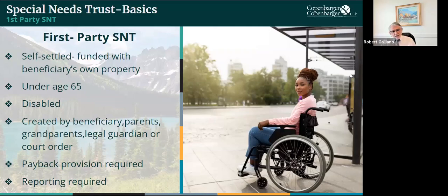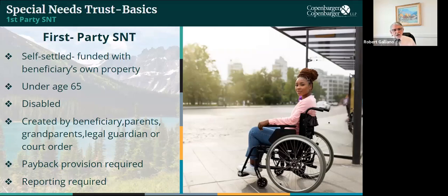And what that means is that if you have a first party trust funded with the money that belongs to the beneficiary, upon death or termination of the trust, any monies that Medi-Cal has paid for them after age 55 will have to be paid back to the state, because the state becomes the first beneficiary in a first party trust.